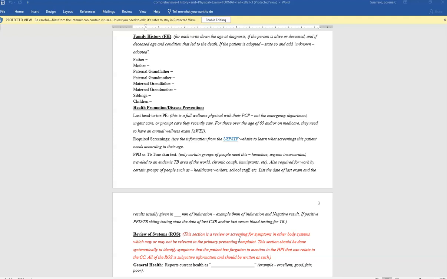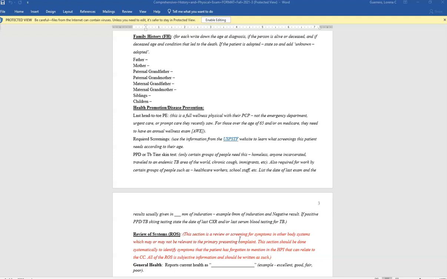This is not when they go to the urgent care or the emergency department. That is not a head-to-toe physical. That is a very focused visit usually. For those that are over the age of 65, Medicare does something called an annual wellness exam, and that's important also to keep track of.